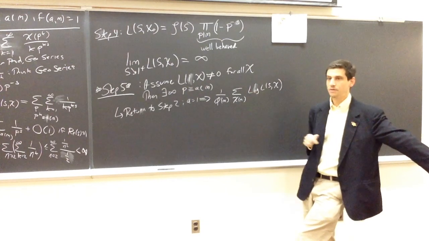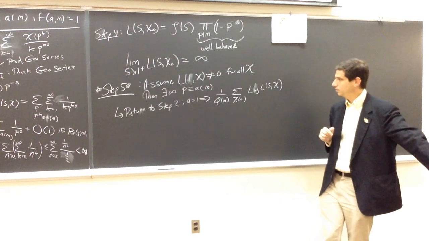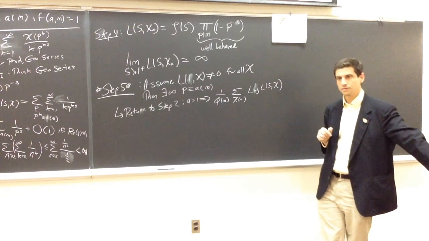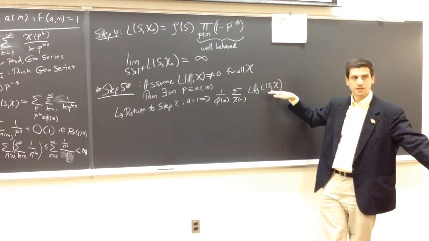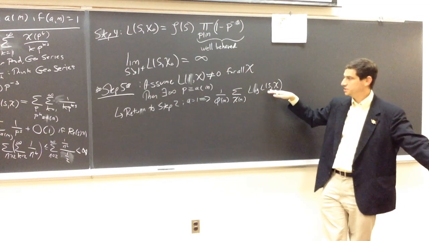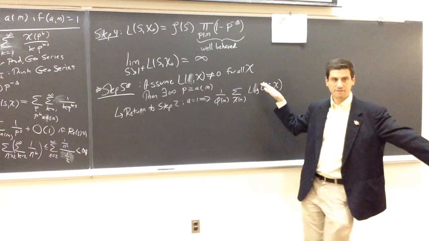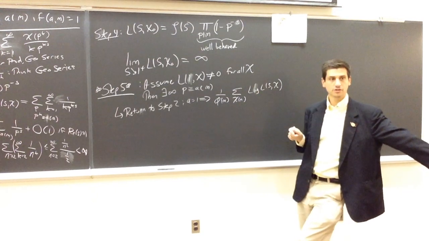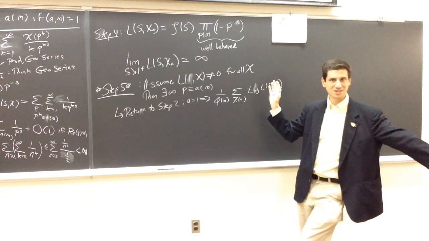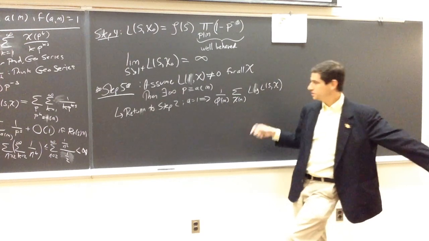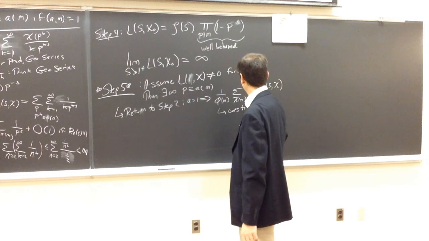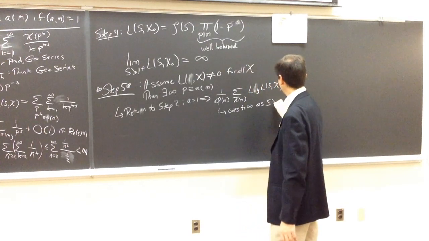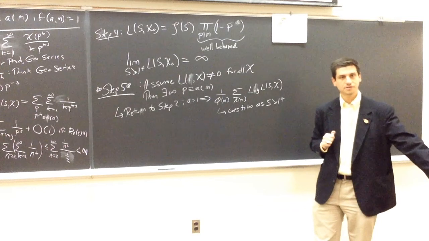So we're assuming that none of these characters equals 0 or has a pole when s equals 1. So the log of all of them are finite, except for the trivial character, whose logarithm is going to infinity. So infinity plus a bunch of finite numbers is infinity. So what this tells us is that this goes to positive infinity as s goes down to 1 from above in the reals.